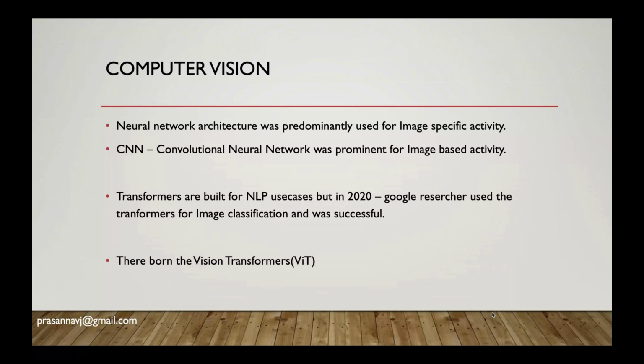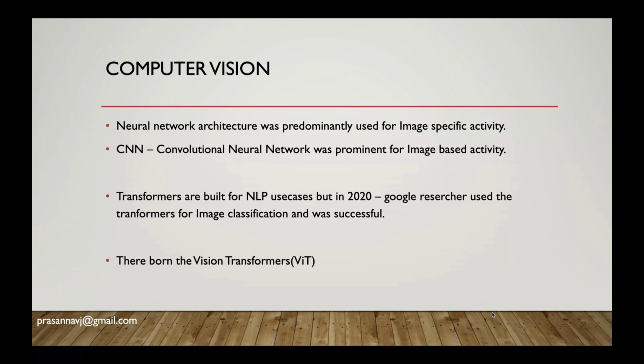You then create parallel processing for these images rather than text, and process them using the transformers. That is what was achieved in 2020 by Google researchers, and they had very good success, which is called vision transformers.